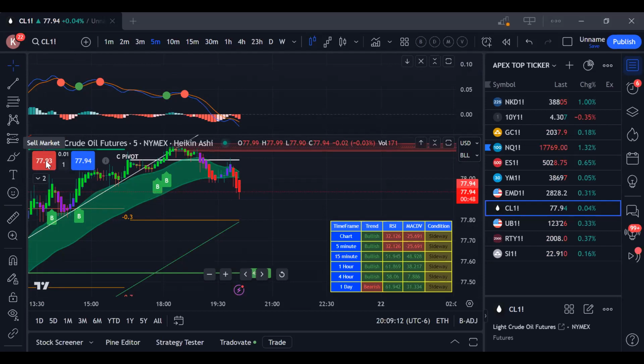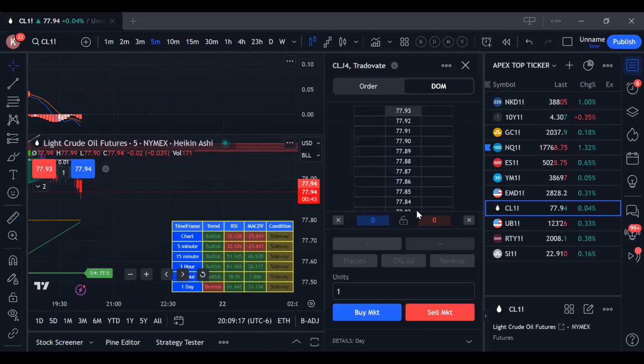So I can click on the short here, or you can go here, click on the trade button, and here you can see around 600 people want to short it, 494 people want to buy it. If you want to sell at 77.95, you can click on this, then it will create a limit order.